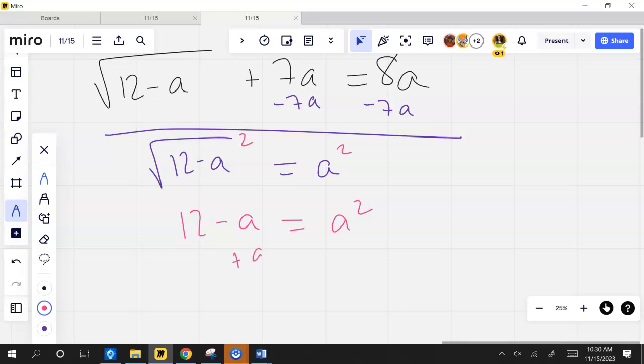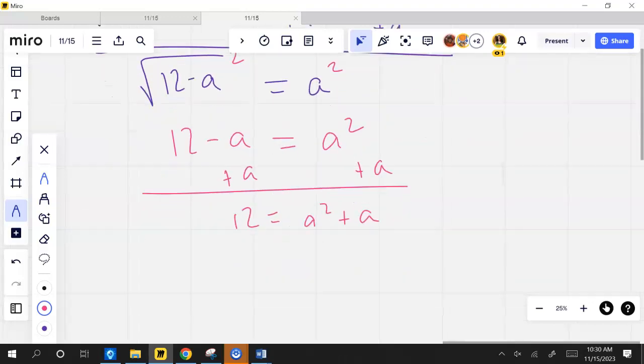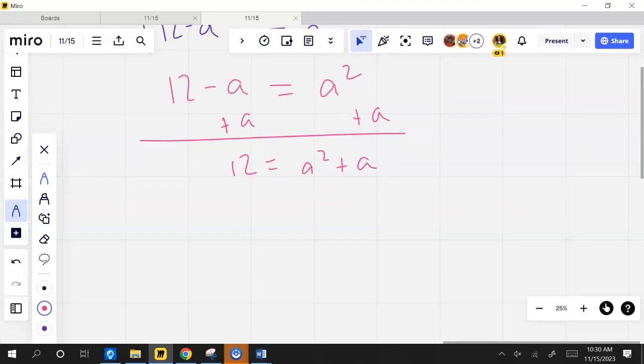Okay, I hear move the A. I heard move the 12. Why move the 12? Because it is a quadratic.